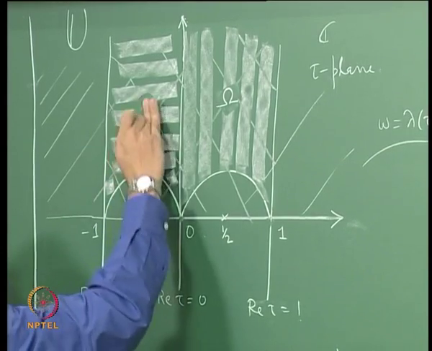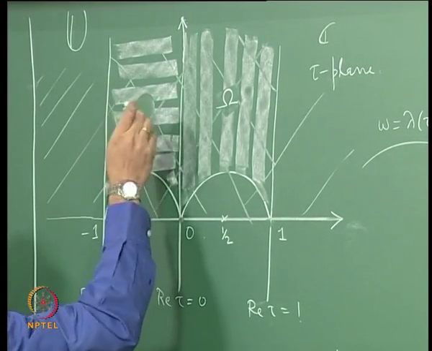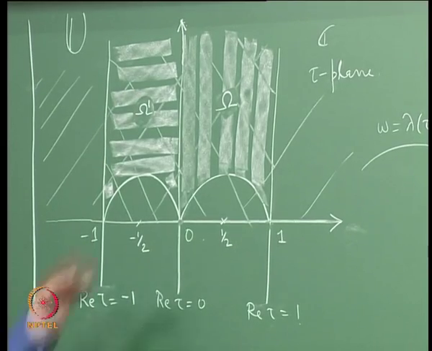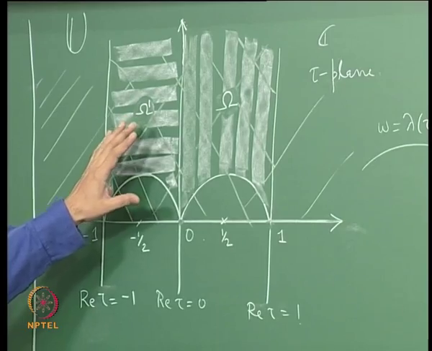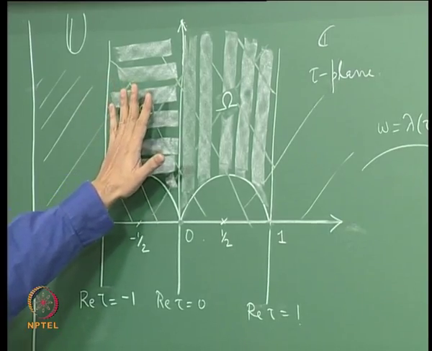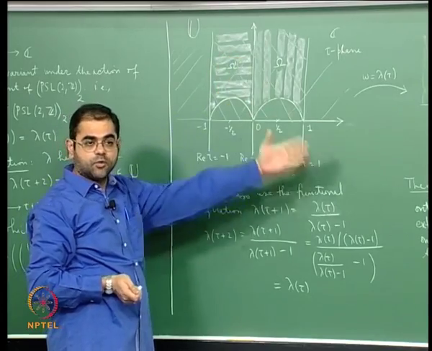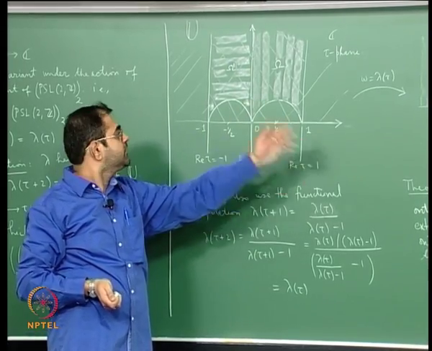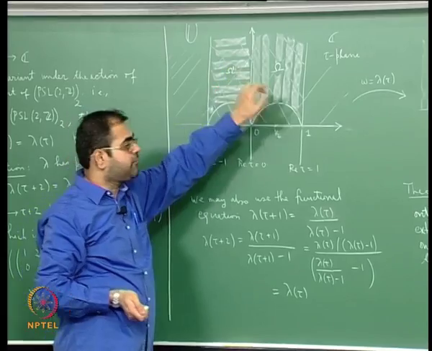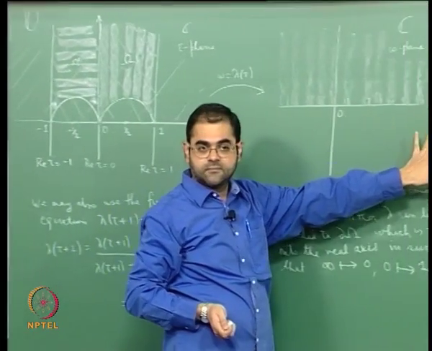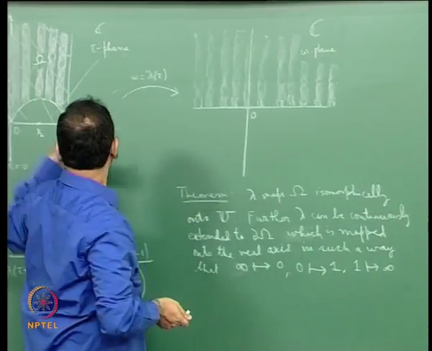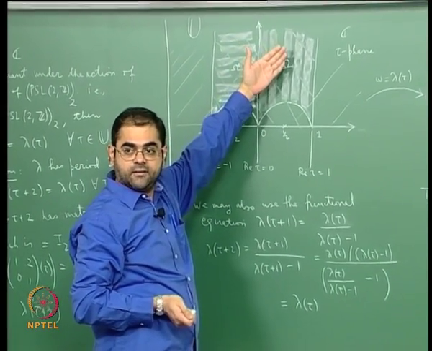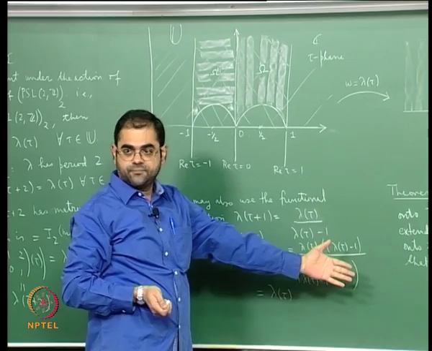Now let us call this region omega prime, okay. The fact is that this omega prime will be mapped by lambda onto the lower half plane, okay, and again the mapping will extend to the boundary with the same properties, okay.